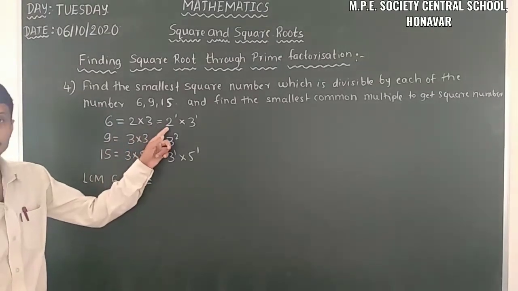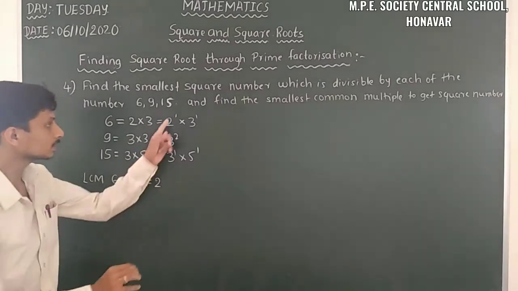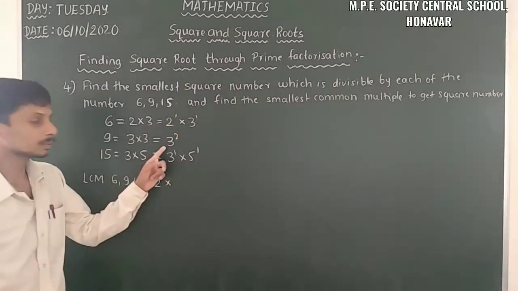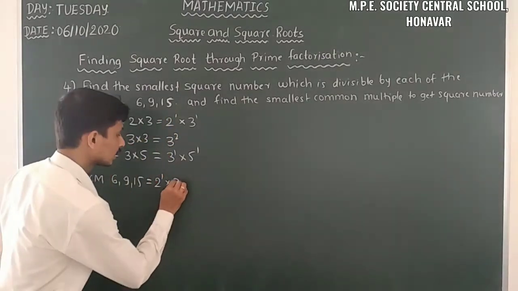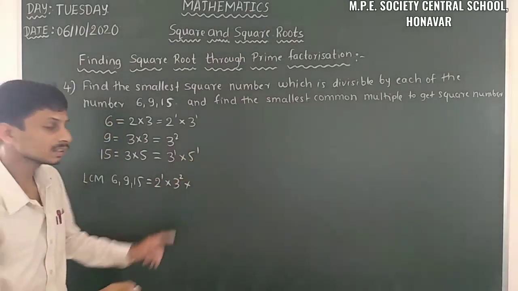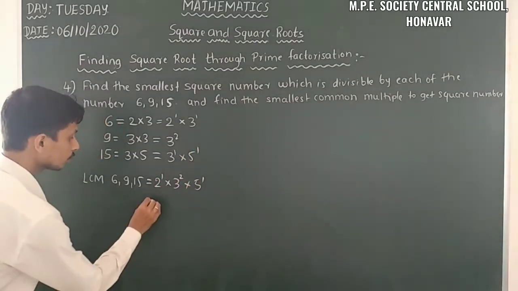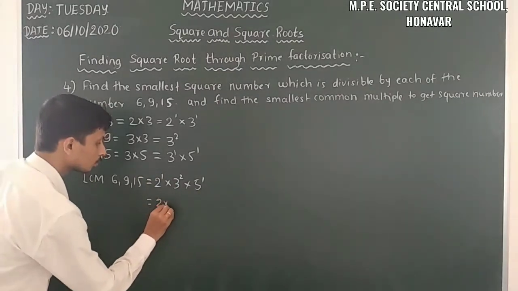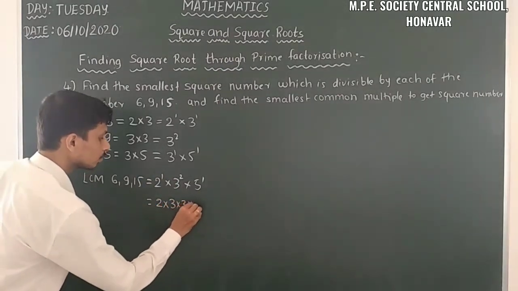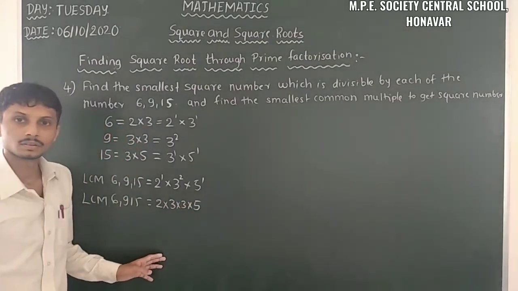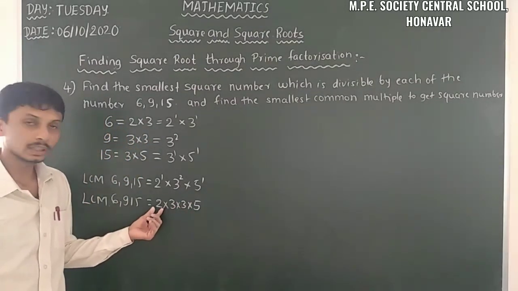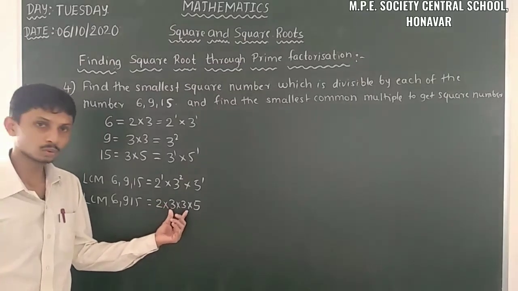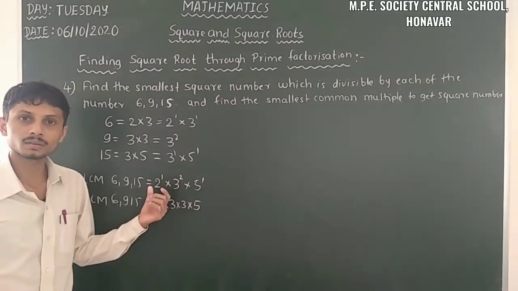The highest power of 2 is only 1, the highest power of 3 is 3 square, and the highest power of 5 is 1. So we can split it into the factors, that is 2 into 3 into 3 into 5. So here only one 2 is there, here two 3s are there, here only one 5 is there.